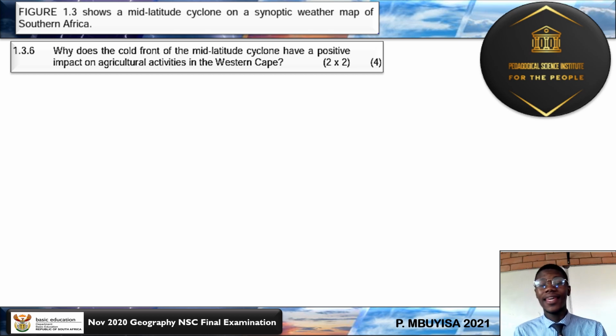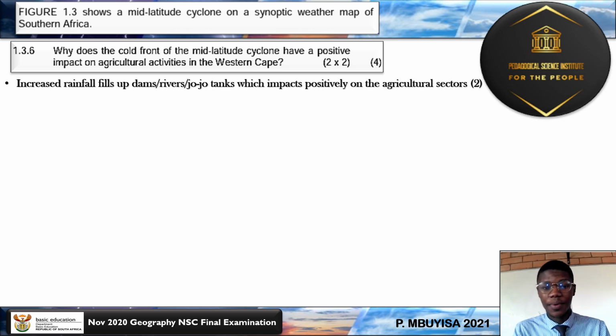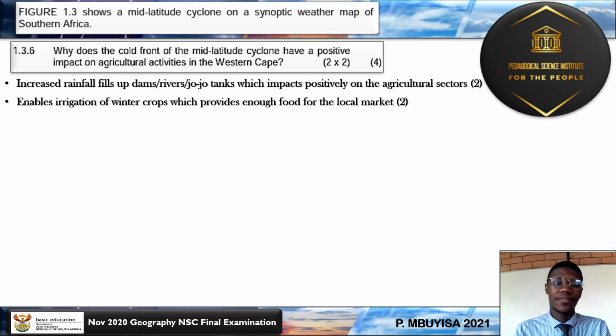We can irrigate our plants, and since it happens in the winter season, we're going to have winter rainfall, which is good economically for the crop yield on that particular farm. So increased rainfall fills up what? Dams, rivers, JoJo tanks, which impacts positively on agricultural sectors.